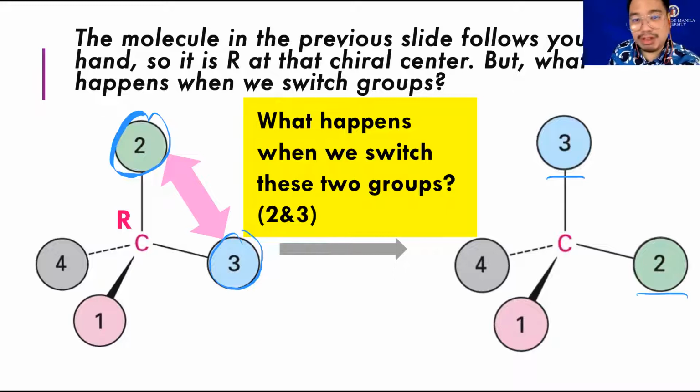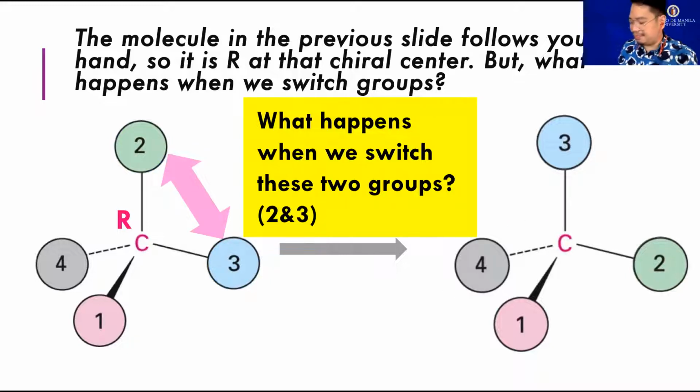This is the same as what happens if you make a mistake in drawing a molecule and accidentally switch two things. Is it still an R? No. It becomes a left-handed molecule. So if you try your left hand, left thumb, priority 4 should be pointing away from you.